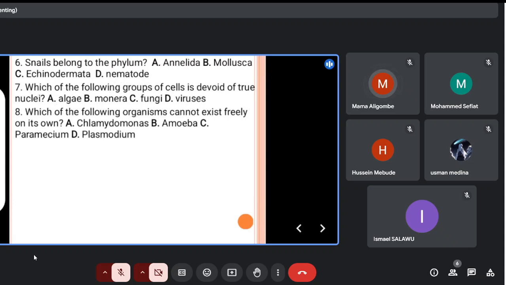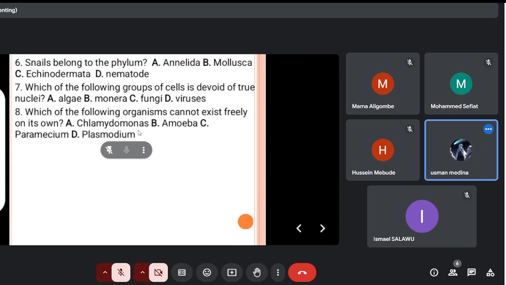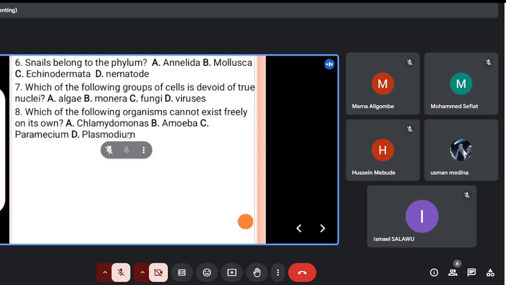Which of the following organisms cannot exist freely on its own? You know, while we talk about some being free living, some being parasitic, which one do you think cannot exist on its own?